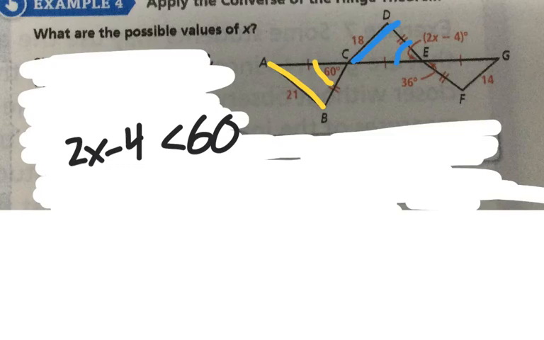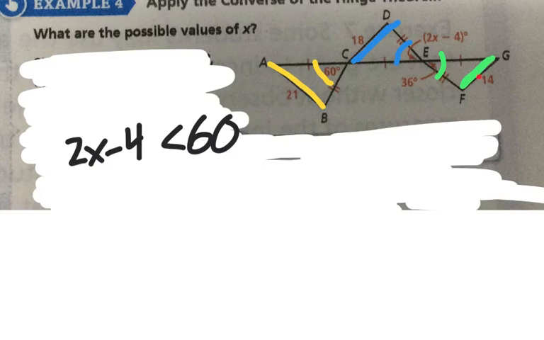Okay? But also, if I look at this triangle, I can see that my side length here is 14, and that angle is 36. So my unknown blue angle, which has a side of 18 opposite, is bigger than this green angle, because the green angle's opposite side is only 14.